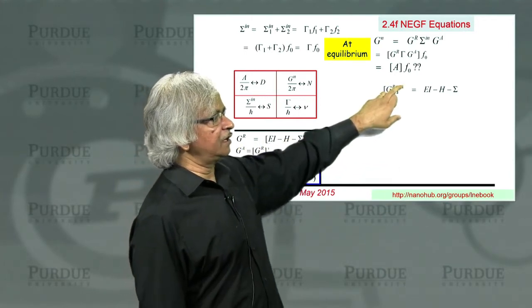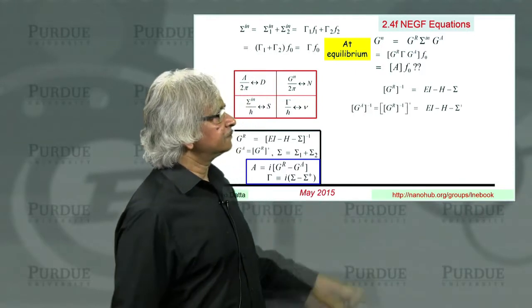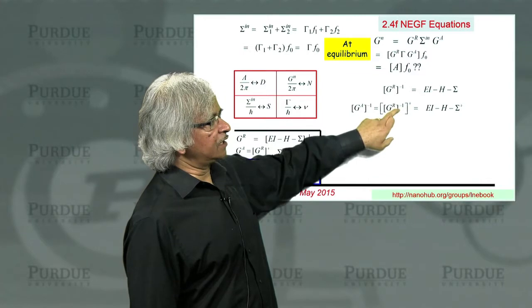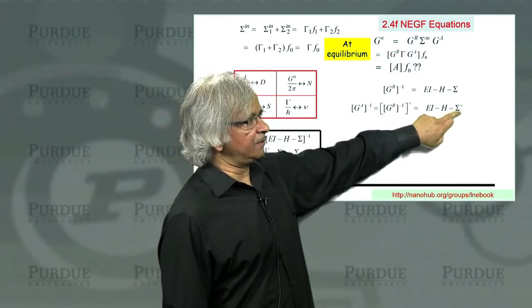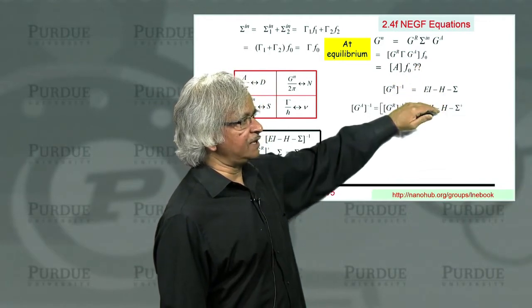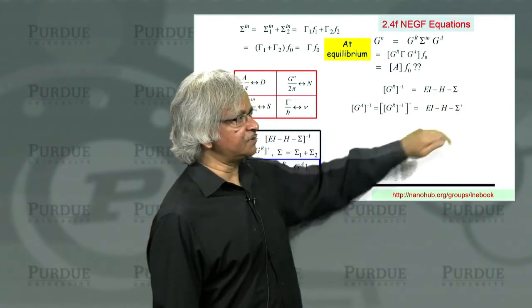So we can write GR inverse is EI minus H minus sigma. Next, we take the conjugate transpose of GR inverse, which is EI minus H minus sigma dagger, because here also we are taking the conjugate transpose. I remains I, H is Hermitian so it remains H, but sigma becomes sigma dagger.